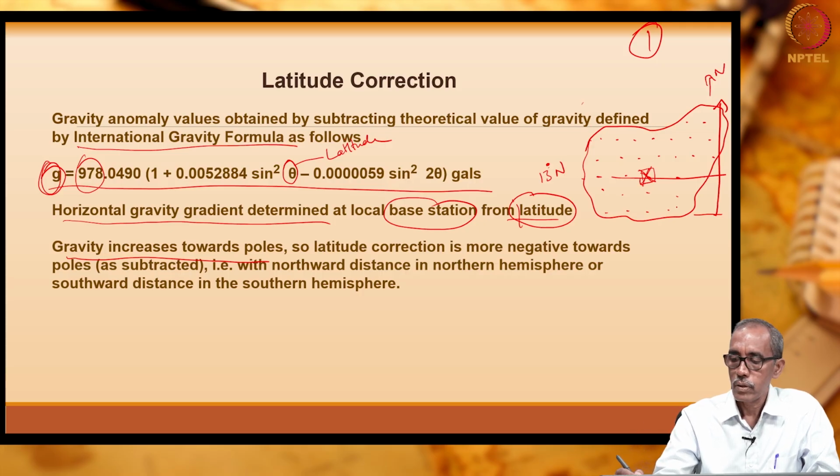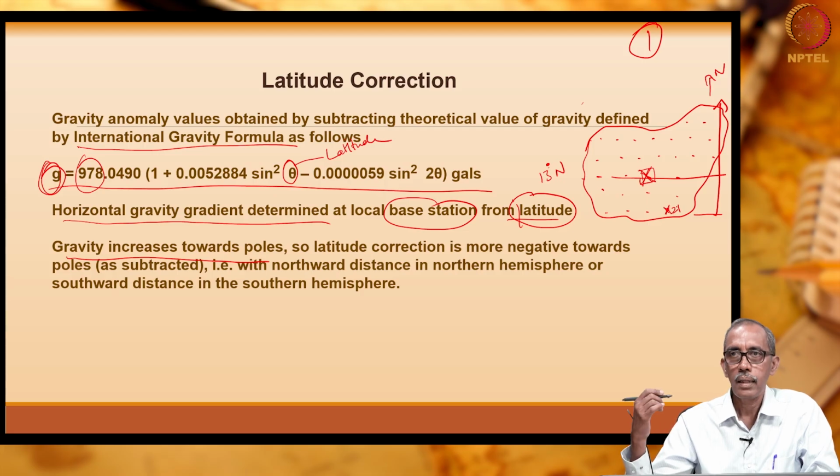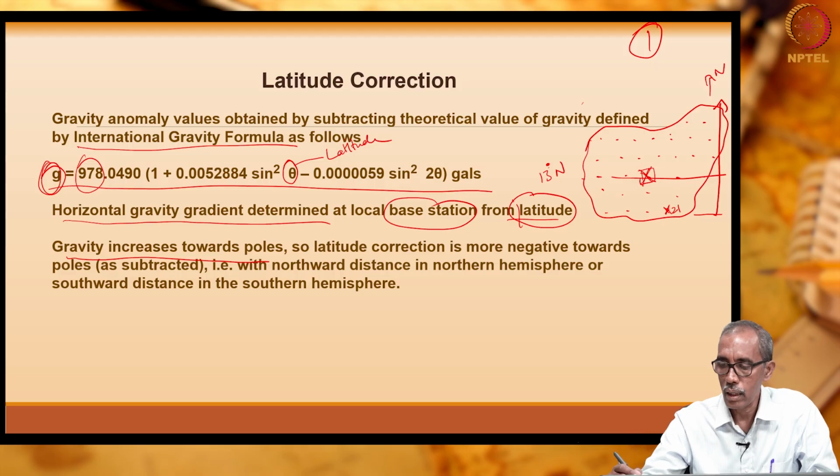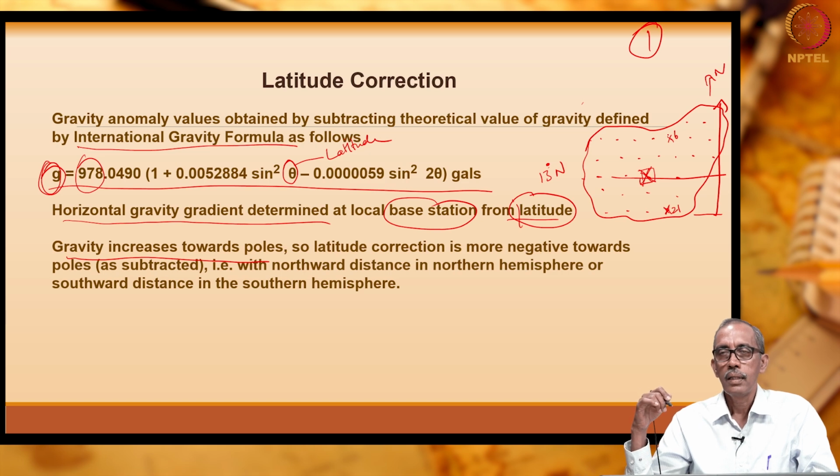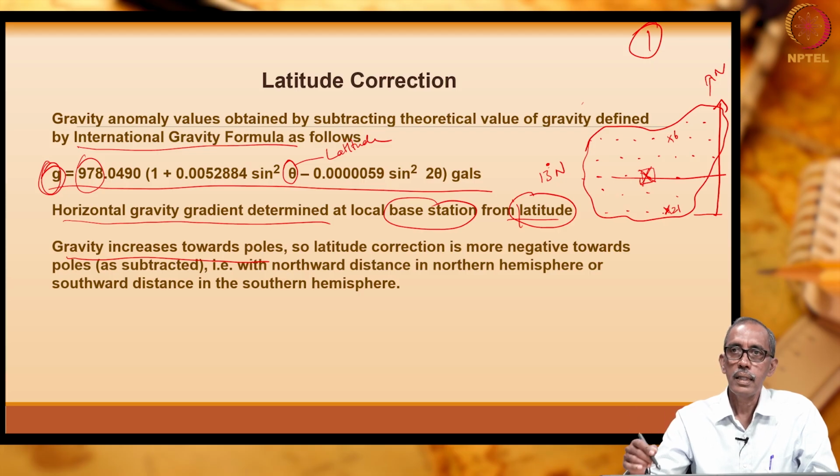So, gravity value in this station, let us say this is station number 21, I am just writing. Let us say this is station number 6. What is the expected difference in the acceleration due to gravity between 6 and 21? Location number 6 is further north of location number 21. This survey site is in the northern hemisphere.